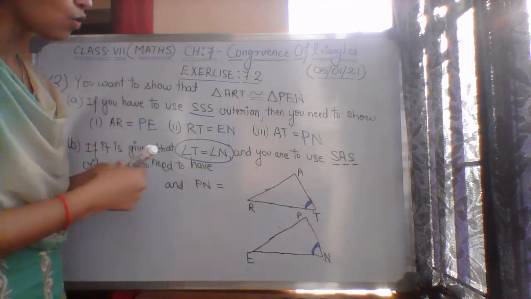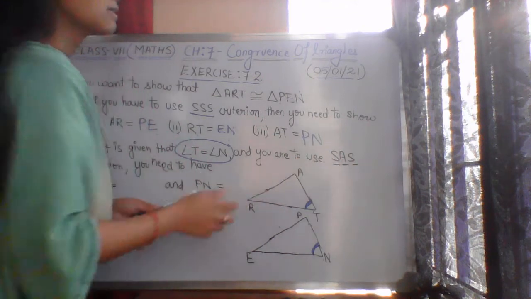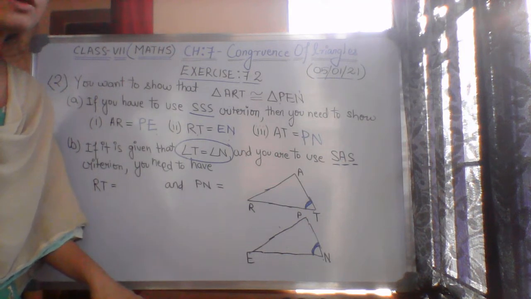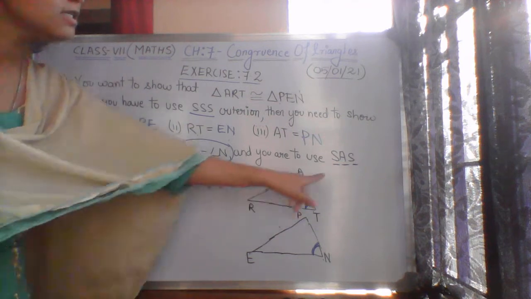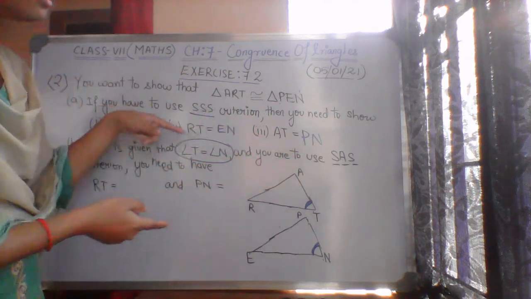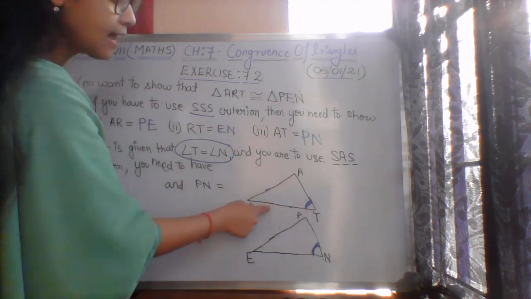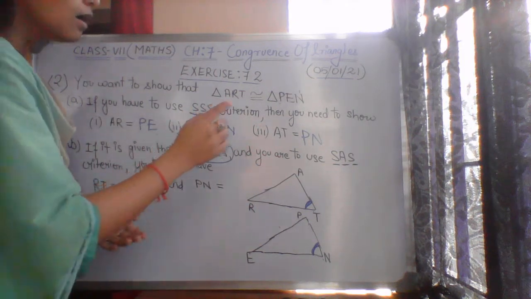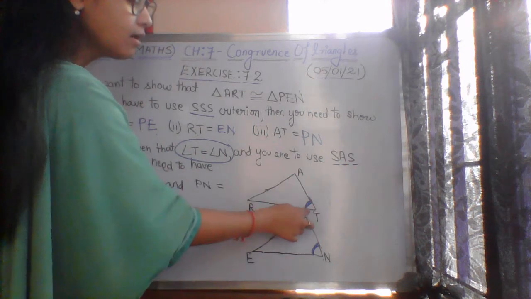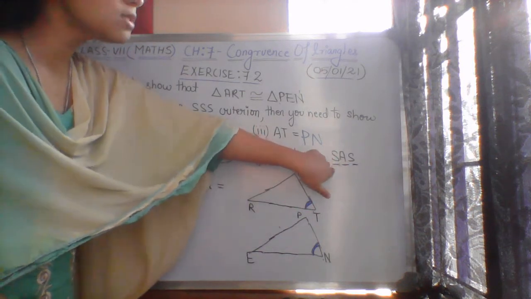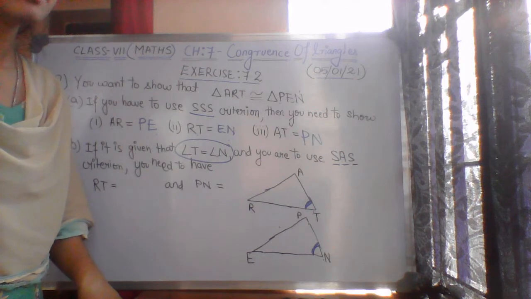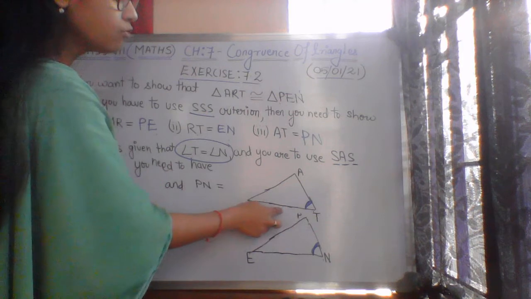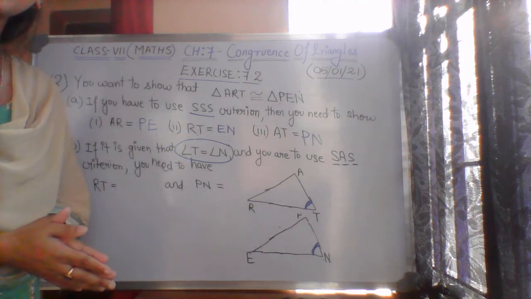Now you have to show this through the SAS criteria. When you are reading about SAS, you know that the two sides should be adjacent, meaning this angle should be made by these two sides. Or you can say this angle should be in the middle and the sides will be the arms of that angle.